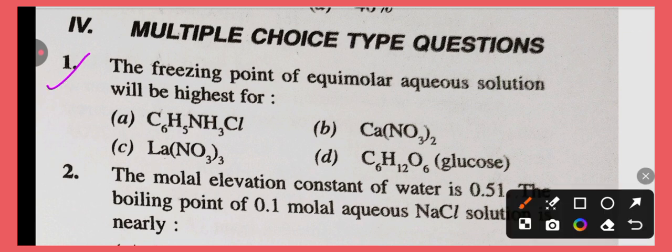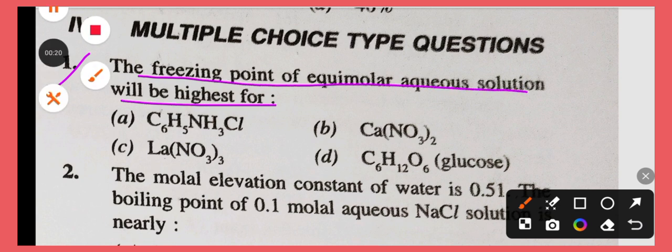Question number 1. The freezing point of equimolar aqueous solution will be highest for. First of all, let's consider how to approach this question. First, we need to understand the freezing point depression formula is del Tf equal to i Kf m. Then second step, we need to identify the constant.